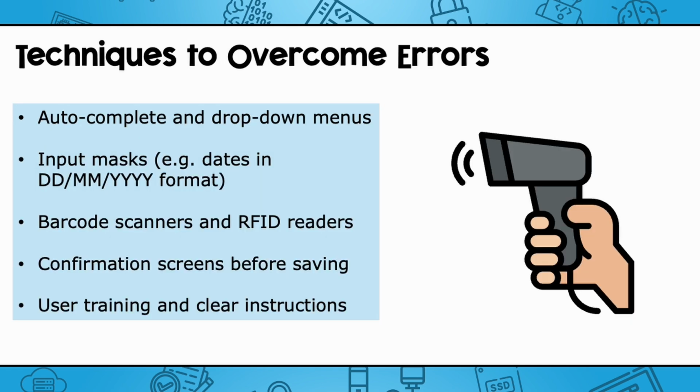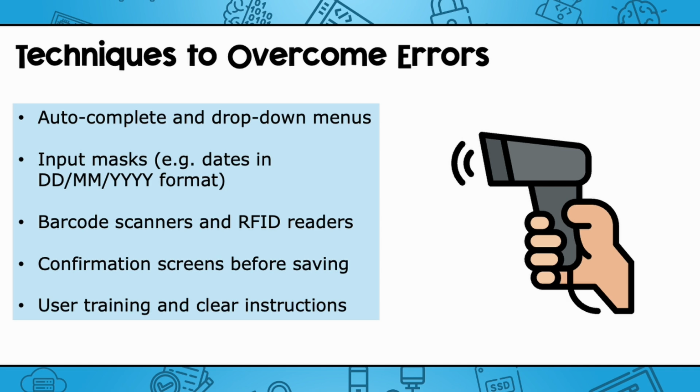So, techniques to overcome errors. We can design forms and systems to reduce the chance of error. If users only choose from drop-down menus, as an example, then they can't accidentally type something in wrong. If you remember in Unit 2, when we were designing our databases, drop-down menus are really good for stopping people mistyping words.